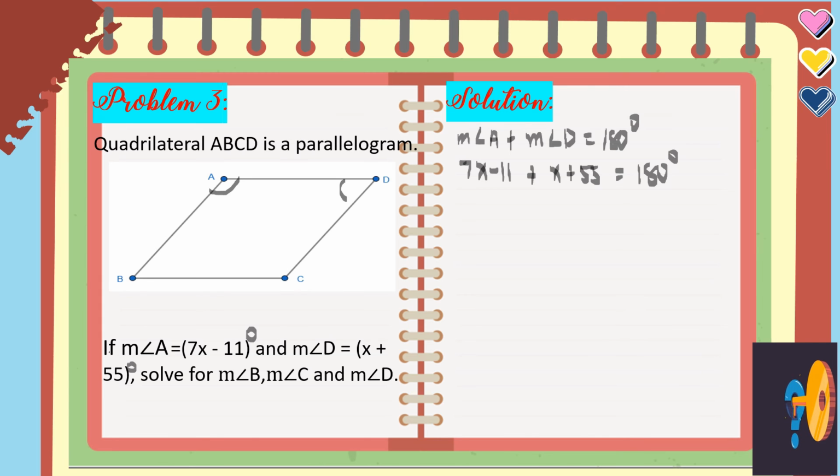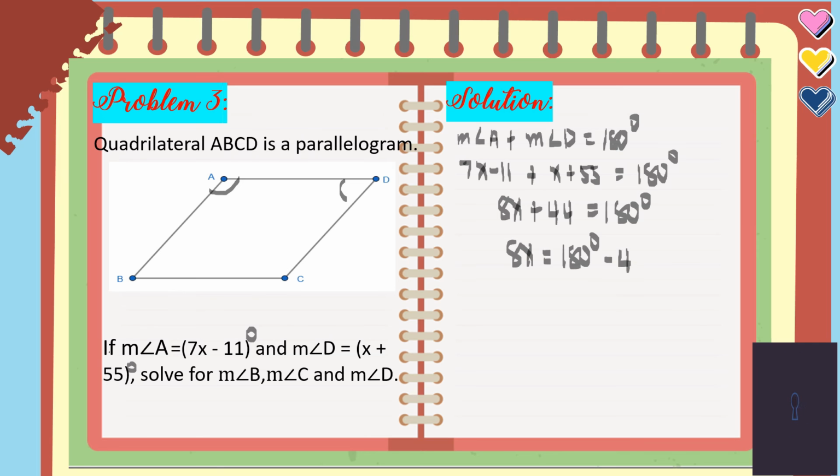Simplifying, 7x plus x, that is 8x. Negative 11 plus 55 is positive 44. That is equal to 180 degrees. By the addition property of equality, 8x equals 180 degrees minus 44 degrees.